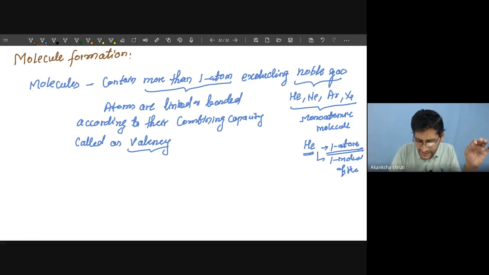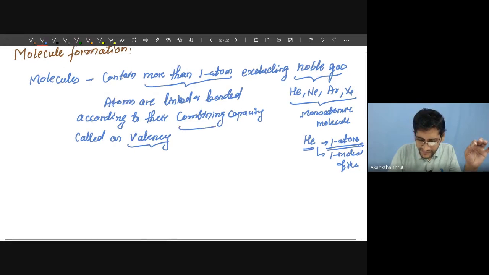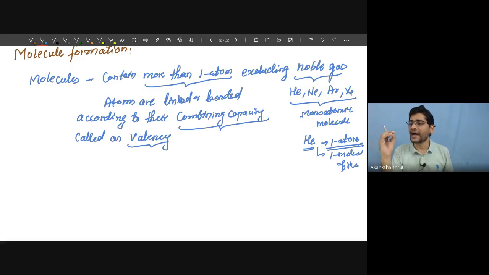This valency, or combining capacity, is either by forming ions or by sharing electrons. How they share electrons and how electrons transfer to form ions, we will learn in class 10th. But here you simply have to keep in mind that a certain magical number is associated with a particular atom to form an ion.